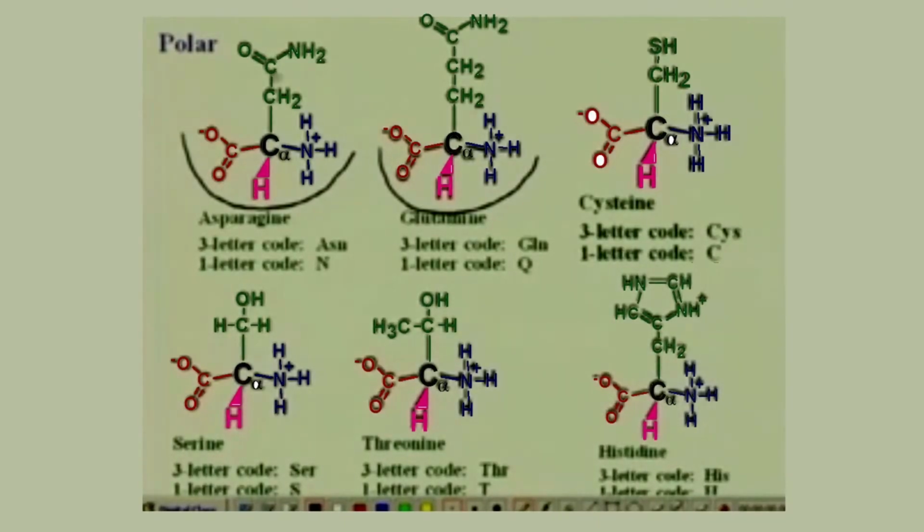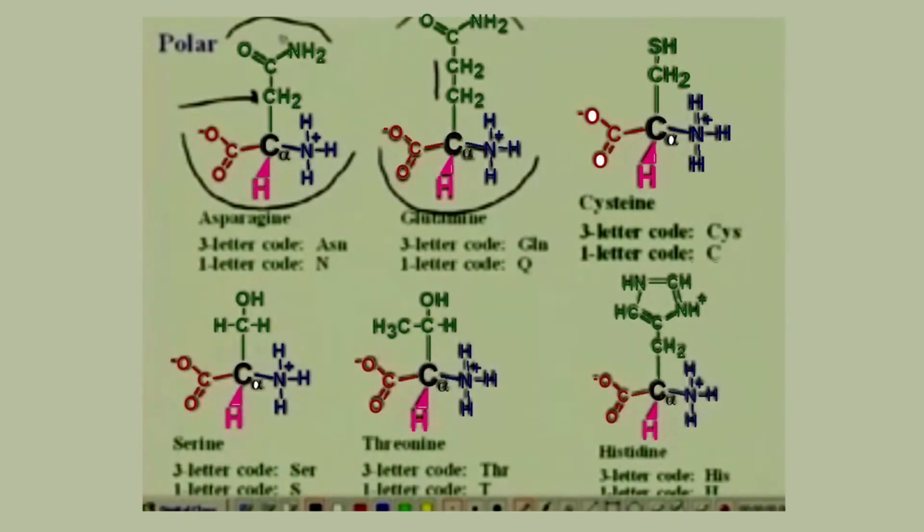Amide groups are C double bond O NH2 groups. So, this comprises the amide of asparagine, this comprises the amide of glutamine. The difference is that the glutamine chain is one carbon longer than the asparagine chain. So, what we have here is a CH2, that is the beta carbon attached to the alpha carbon, followed by a gamma carbon that has attached to it an oxygen atom and an NH2.